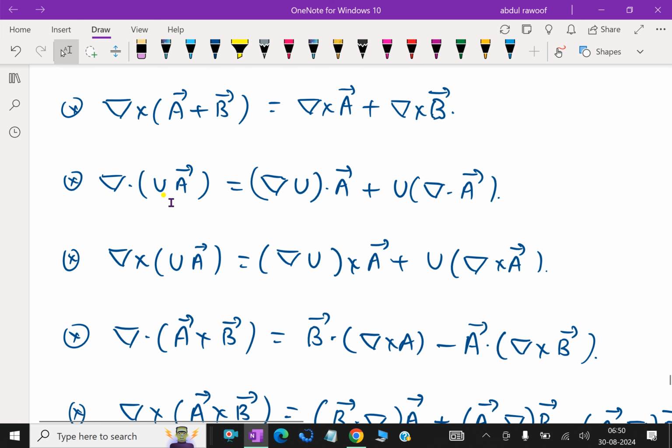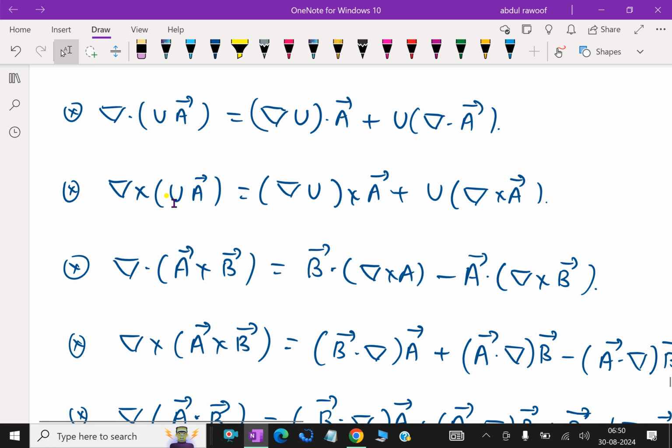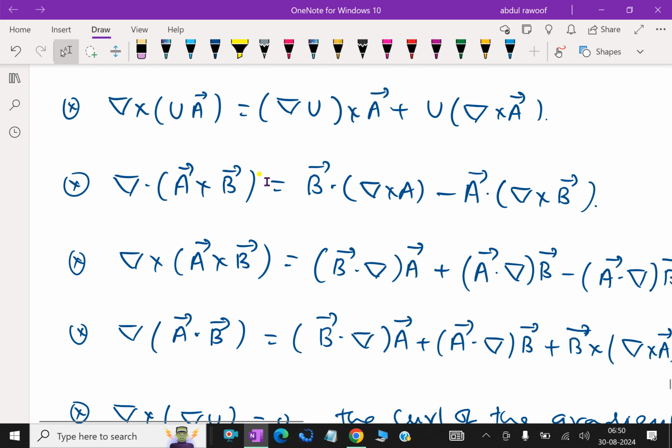Next one, del dot u A vector is equal to del of u dot A vector plus u into del dot A vector. Next one, del cross u into A vector, which is equal to del of u cross A vector plus u of del cross A vector.